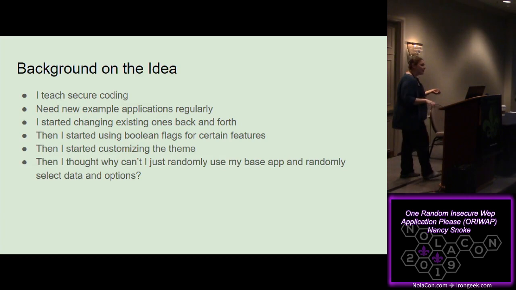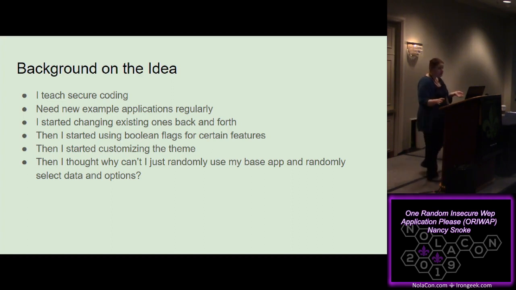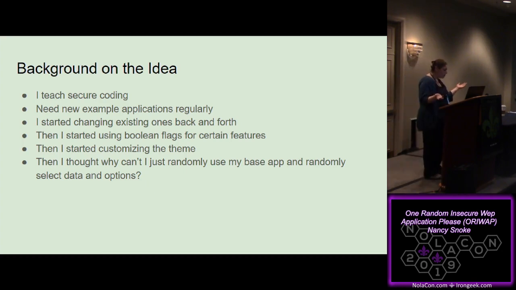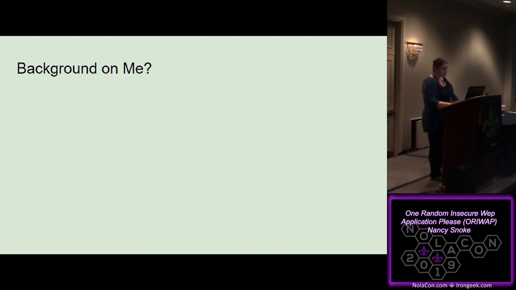So then I thought, why can't I randomly use this base application and start selecting data and options, or several base applications is the hope. Randomly turning Boolean flags on and off is easy, obviously, but randomly generating a whole web application with data, users, and, as I said, for Overpoweringly Cute Cats, cat photos and things like that, gets more complicated for some people to think about, as well as comments and all sorts of language.